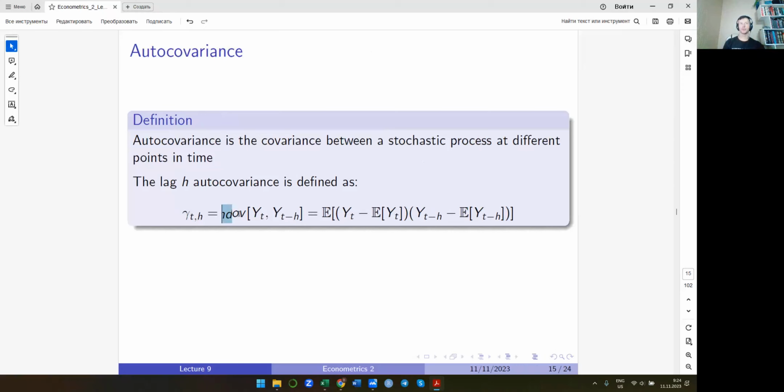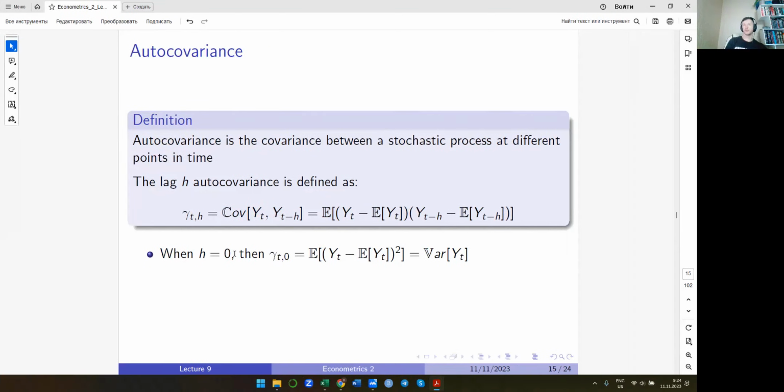Look, we are looking for the covariance between the observation at period t and period t minus h. And this is just an expectation of the following thing: yt minus its expected value, times yt minus h minus its expected value.